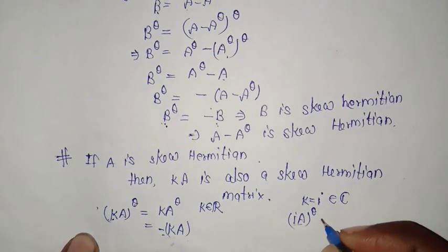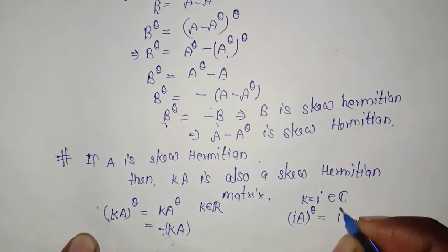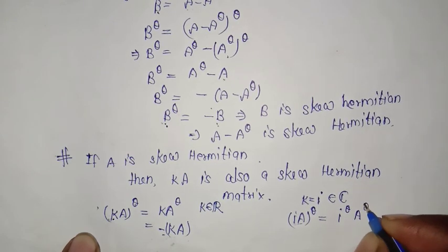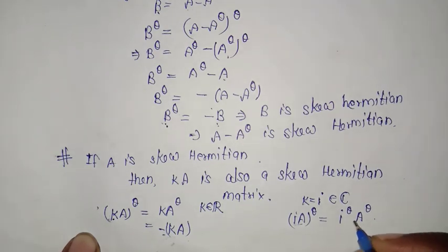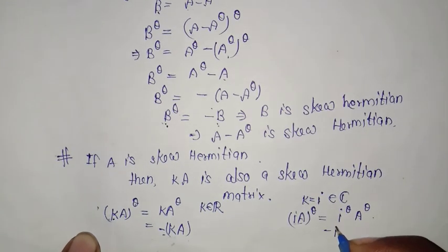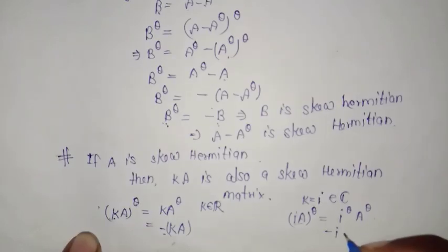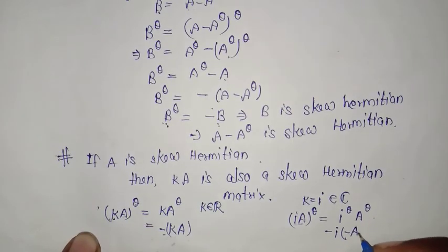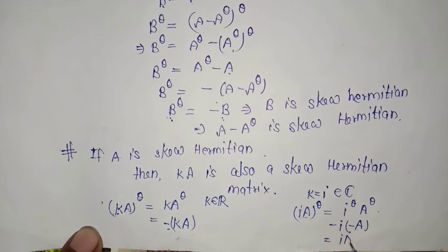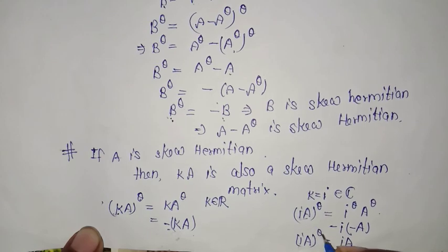So this can be expressed as the conjugated transpose of i into the conjugated transpose of A. Now, if we take the transpose, there is no effect on i. But as we take the conjugate, i becomes minus i, and the conjugated transpose of A becomes minus A, since A is skew Hermitian. So this becomes iA. This is the definition of a Hermitian matrix, not a skew Hermitian matrix.